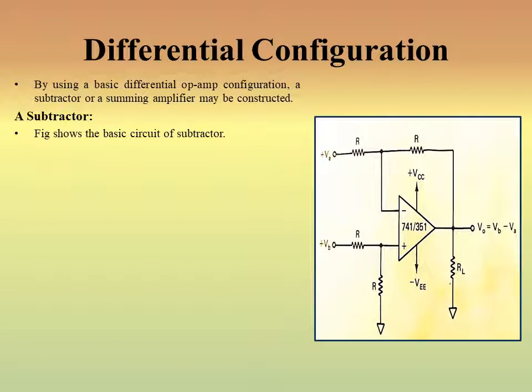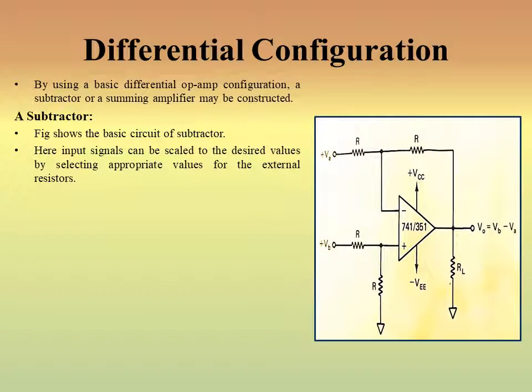So the figure shown here is the basic circuit of a subtractor. Now here input signals can be scaled to the desired values by selecting appropriate values for the external resistors. So by choosing proper values of external resistors, we can make this figure act like a subtractor.